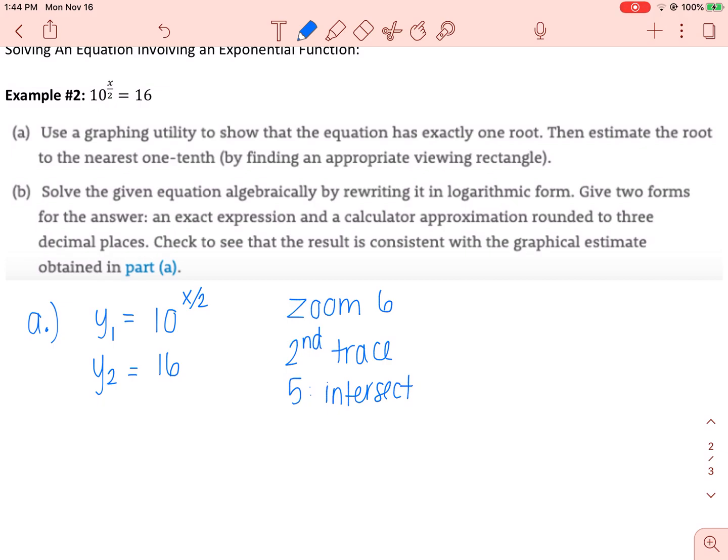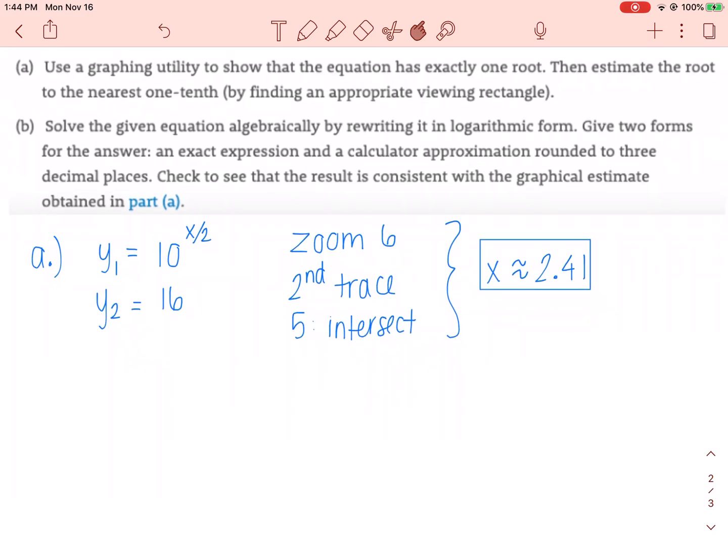And then you'll have to answer the question: first curve, second curve, guess, and it should pop out with the intersection point of x being about 2.41. Okay, please try this on your own. If you don't get it, then please ask during class. We want to make sure our calculators are performing properly.